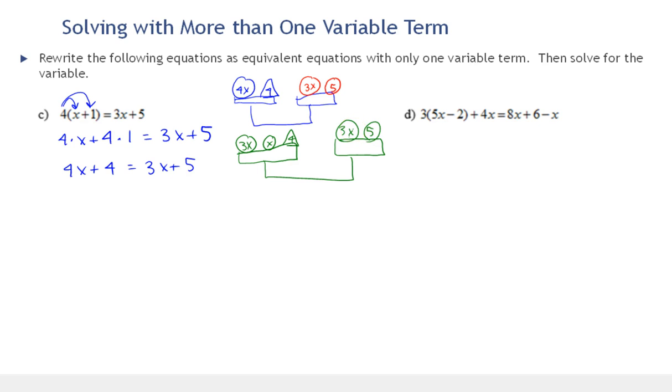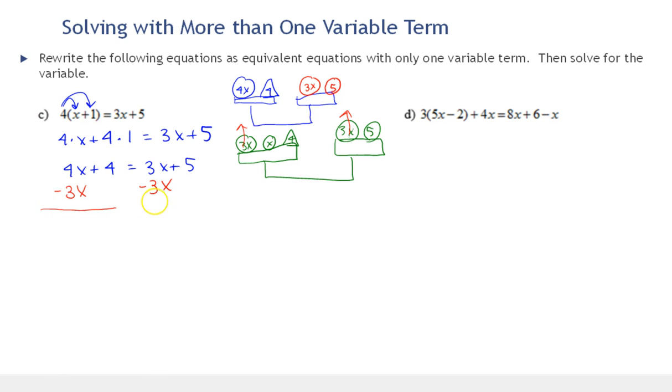And now I'm going to remove a 3x from both sides of the scale. That way it'll still be balanced, but I won't have any x terms on the right-hand side. So what we need to do in terms of this equation is subtract, because we're taking away, notice the arrow shows we're lifting them off, subtract 3x from both sides of the equation.